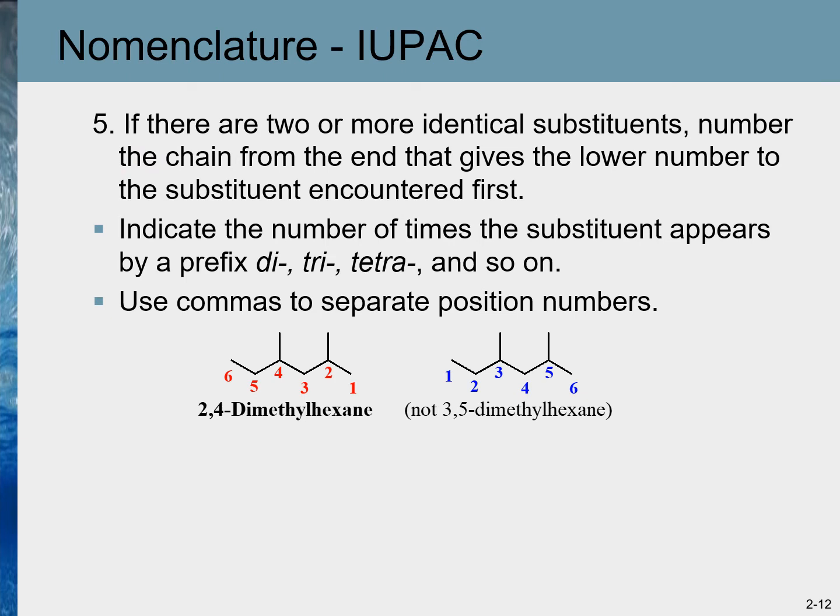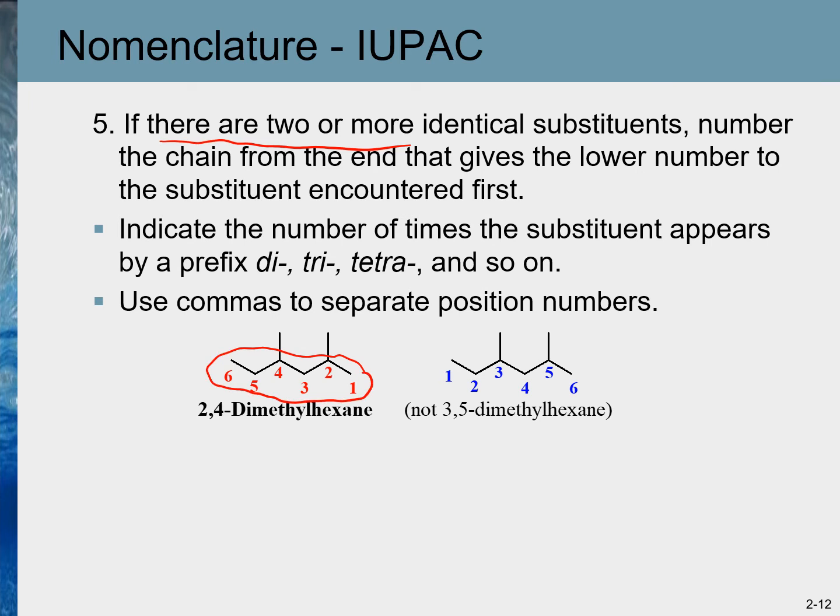If there are 2 or more identical substituents, then we number the chain from the end that gives the lower number to the substituent encountered first. So for example, we have an example of this molecule. There are 2 ways of numbering. In both cases, the parent chain is 6 carbon long, so that's our parent chain.